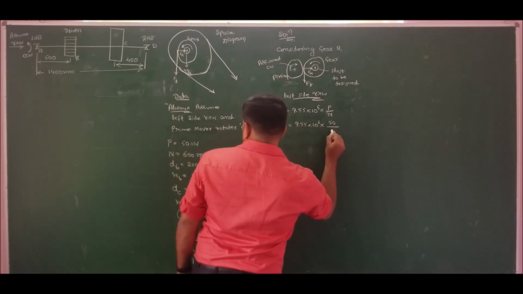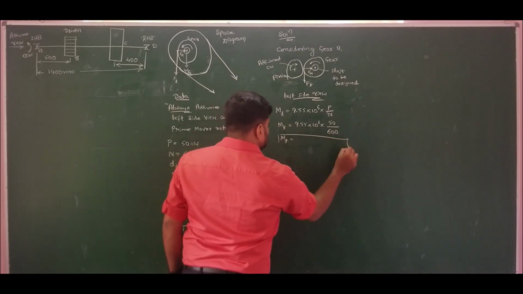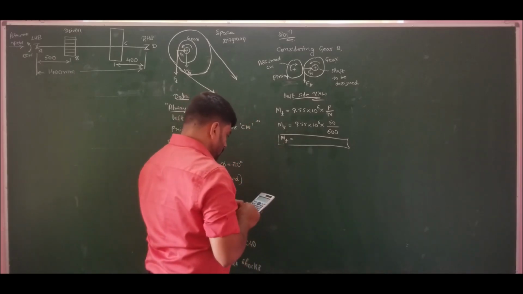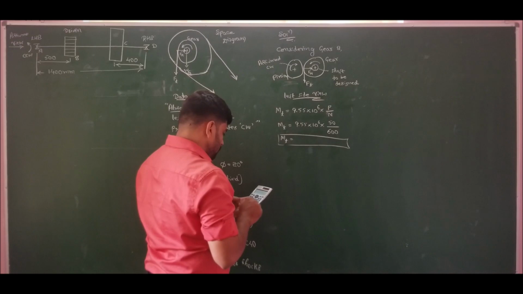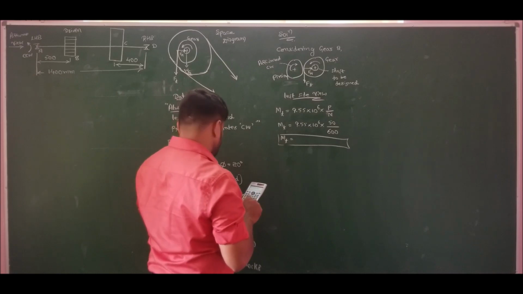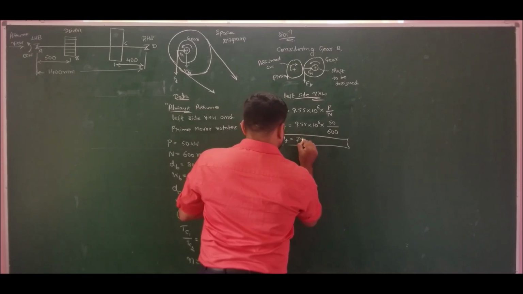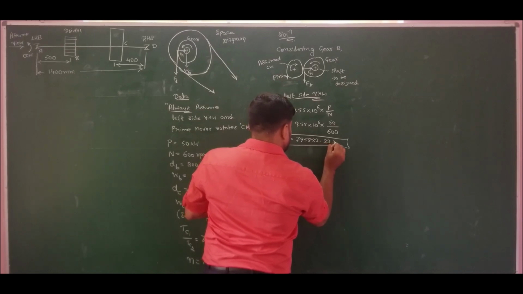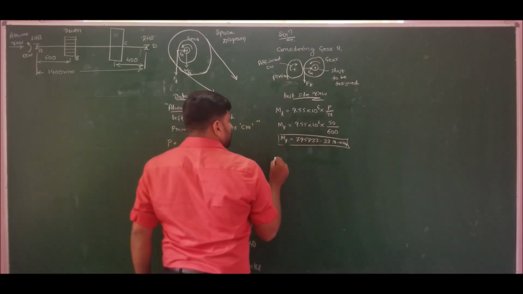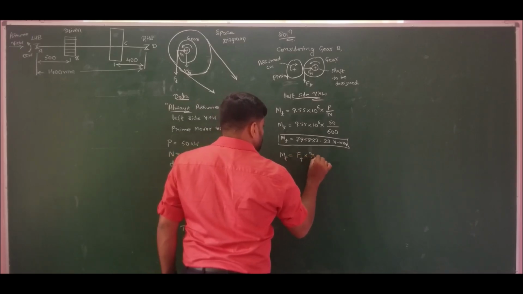Calculating, I will get 9.55 into 10 to the power of 6, with power 50 kilowatts at a rated speed of 600 rpm. So I will get the torque as 795833.33 Newton millimeters. Now using the second equation, Mt is equal to Ft into radius of the gear.